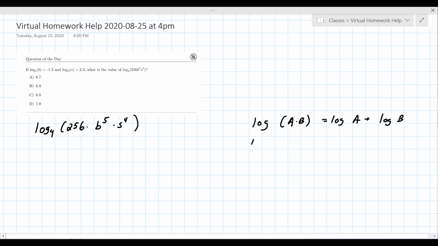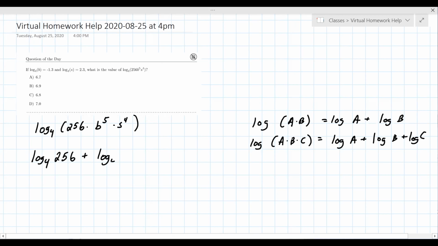So really the property is log of three things, a times b times c, and textbooks don't usually include this, but it's log a plus log b plus log c. So we're going to use that to break apart the expression on the left. We have log base 4 of 256, plus log base 4 of b to the 5th, plus log base 4 of s to the 4th.